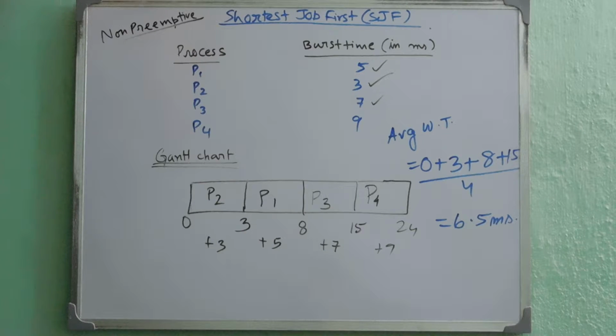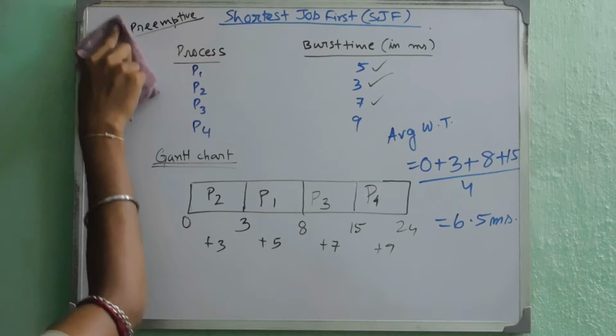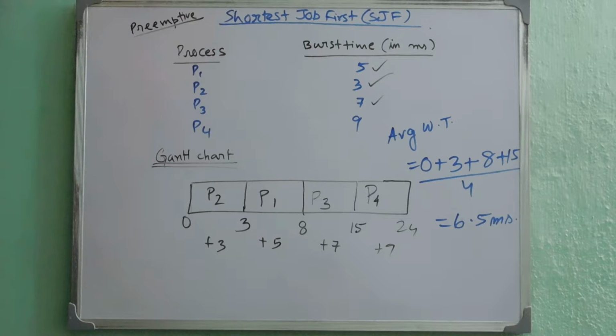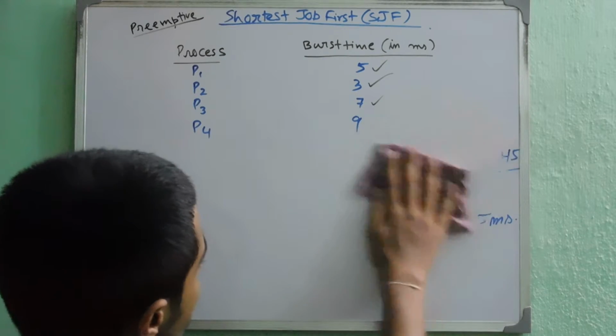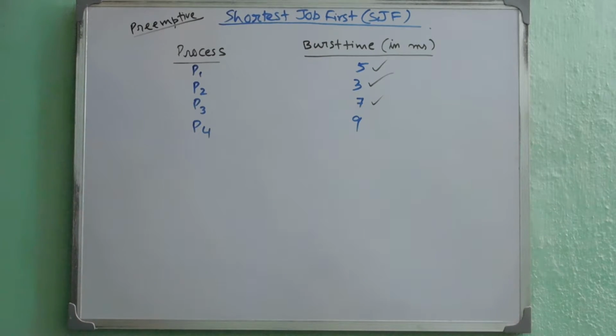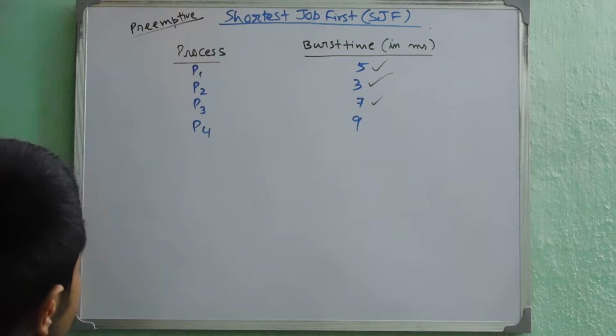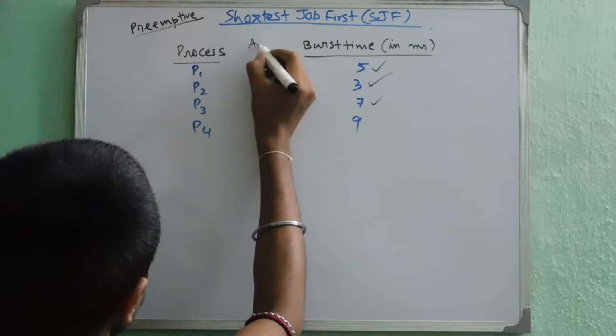Now let's see the preemptive scheduling example. So preemptive scheduling. Now for preemptive scheduling, one new column will be added to the table, that is the arrival time.